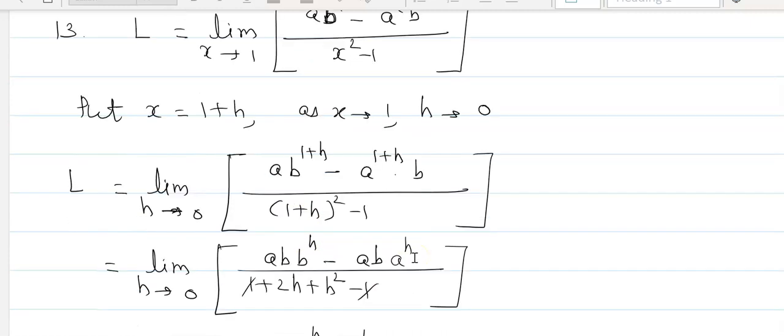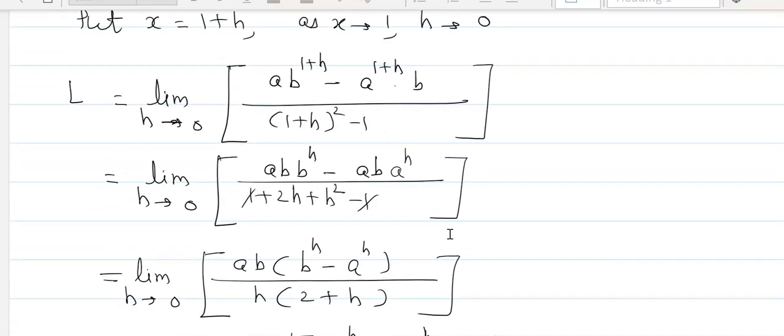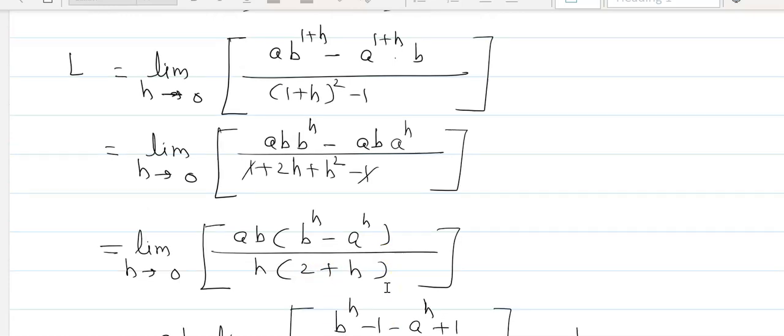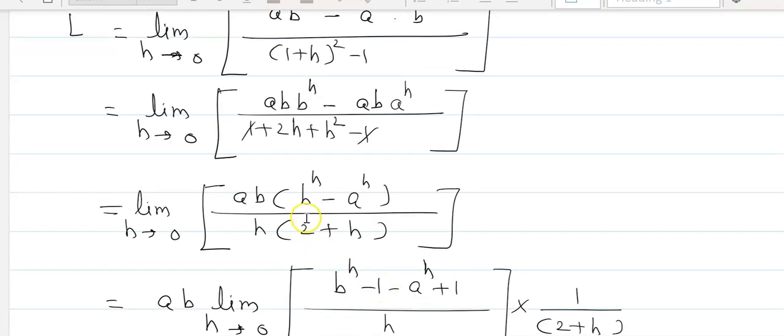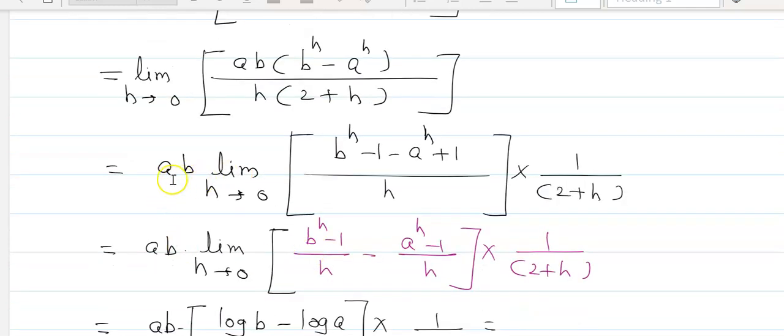Expand this. Take the common, then you will get ab b raised to h minus ab a raised to h upon 2h plus h square. Take h as common, then you will get 2 plus h. Separate it, that is, ab is outside this limit.